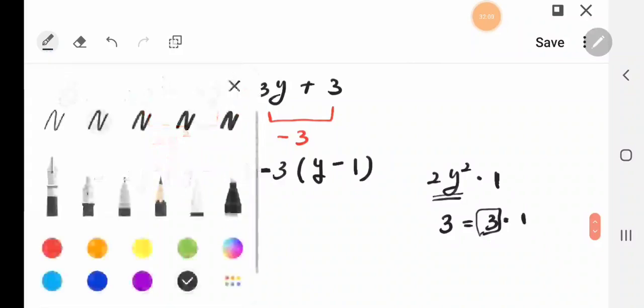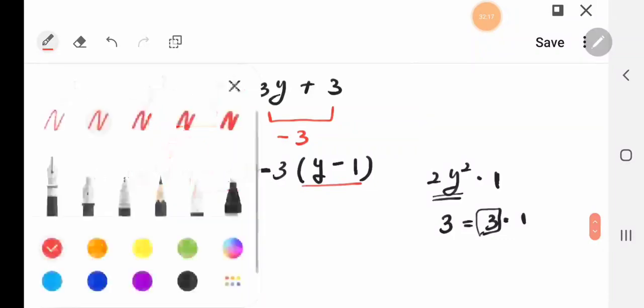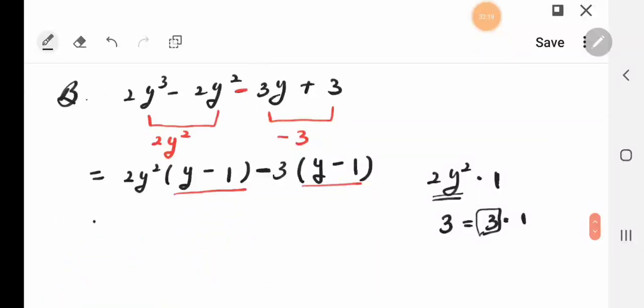Okay, so from this, we know that y minus 1 is a common factor. So let's factor that out. So factor out the binomial y minus 1, and the leftover is 2y squared minus 3.